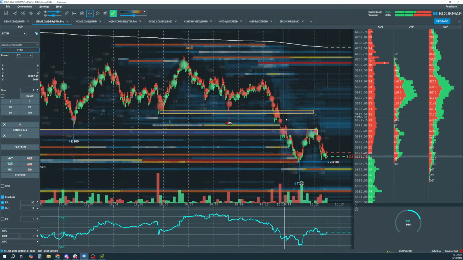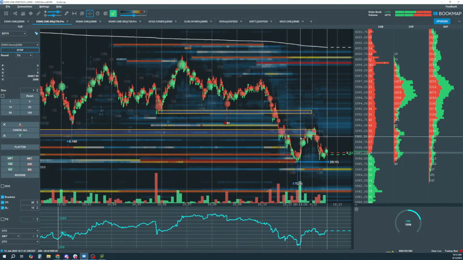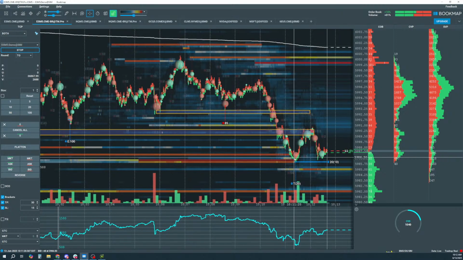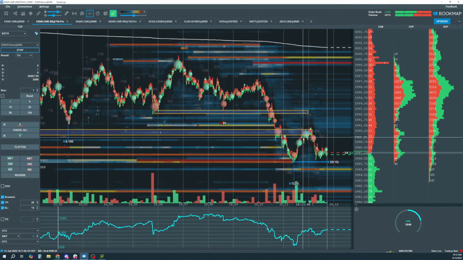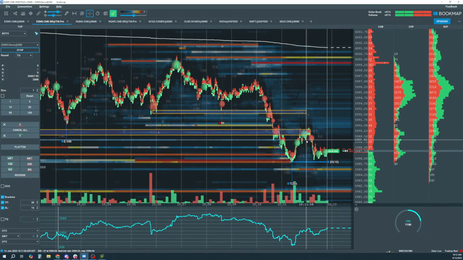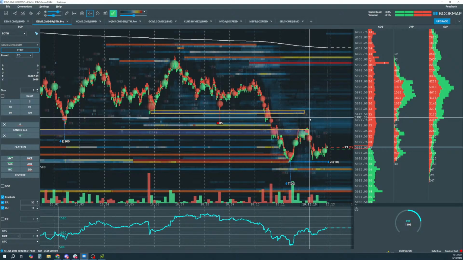Now, one of the questions though about the low volume pullback, it's got to be on low volume, and this is the move to the downside here. Yeah, we see heavy selling coming in, but we see heavy buying starting to come in here too. So this is not what I'm looking for. This is not the setup. All right, so I'm just going to stay clear.